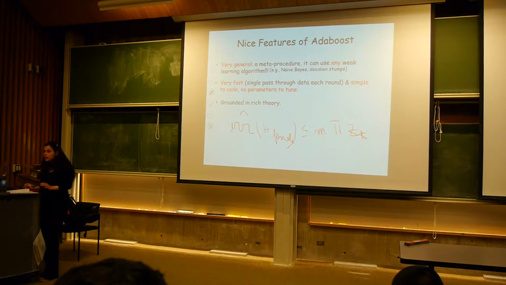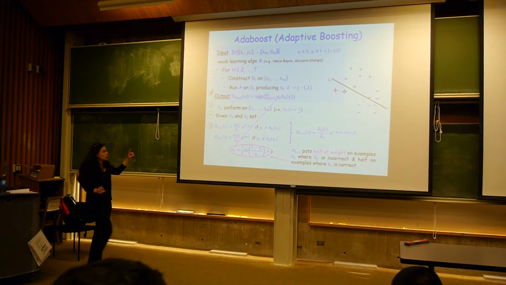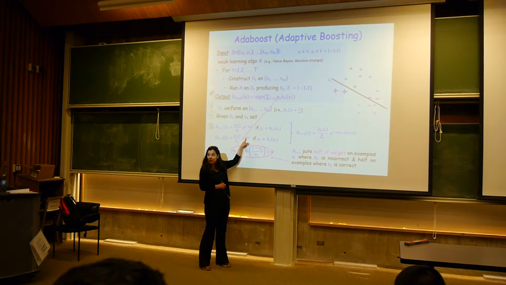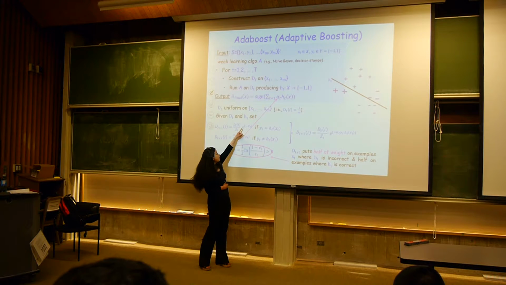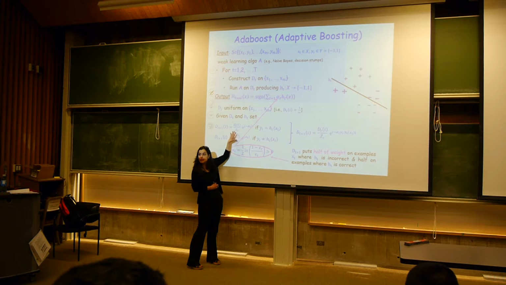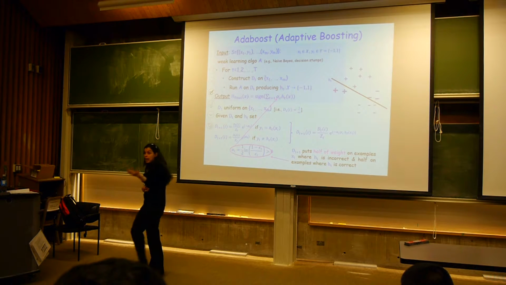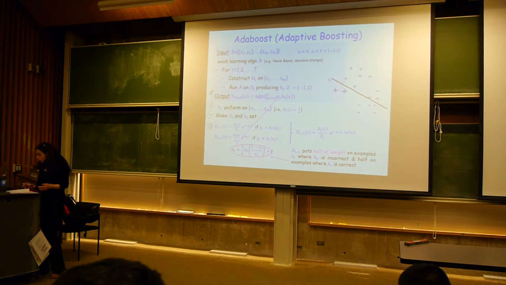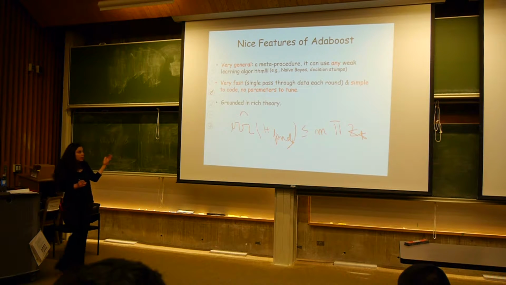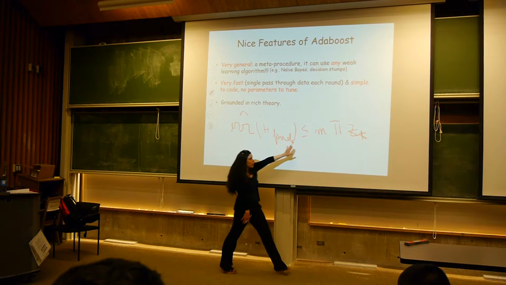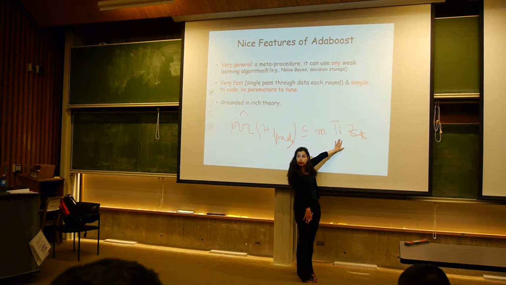To create this distribution Dt plus 1, we increase the weight on the incorrectly classified examples in a multiplicative fashion, and decrease the weight on the correctly classified examples, but then we have to renormalize. So Zt is a normalization factor that makes sure everything sums up to 1. And the analysis concluded that the empirical error rate of the final classifier is upper bounded by m times the product of the normalization factors.